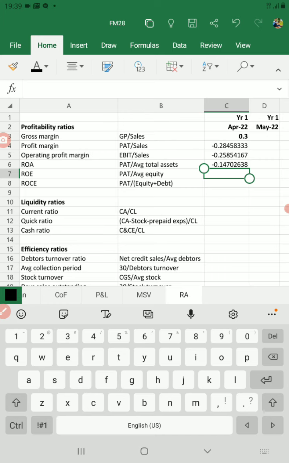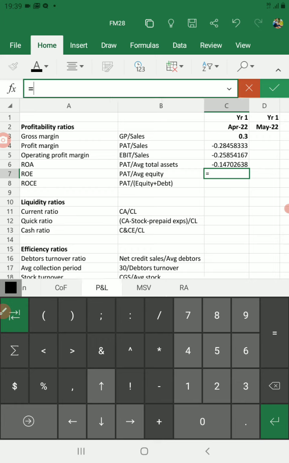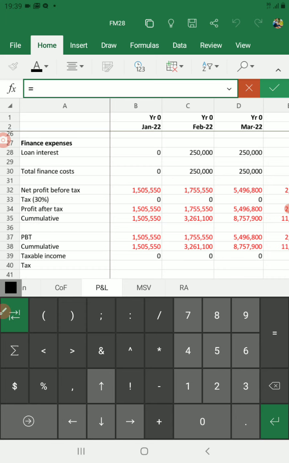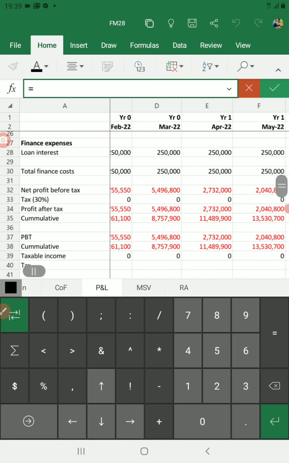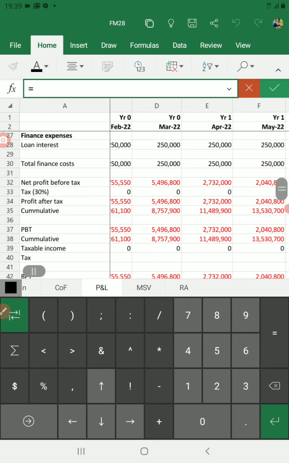Okay, so I have my ROA computed. ROA, again, we start with equal sign, profit after tax, here in the P&L sheet for April, profit after tax, which is here, divide by average equity.